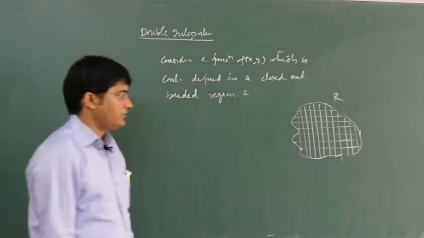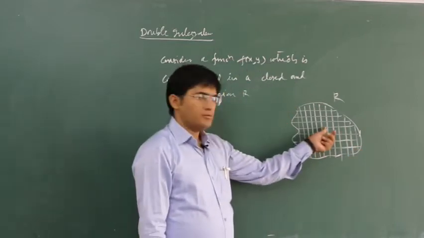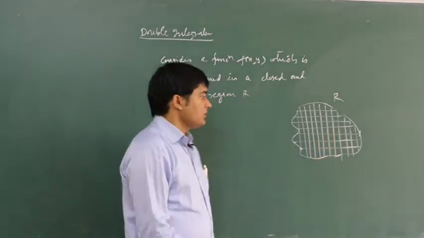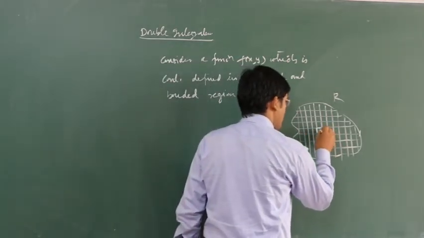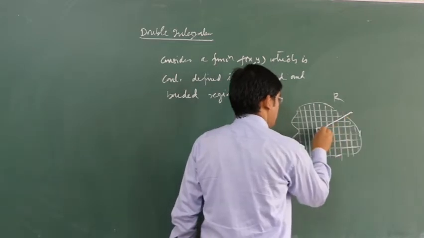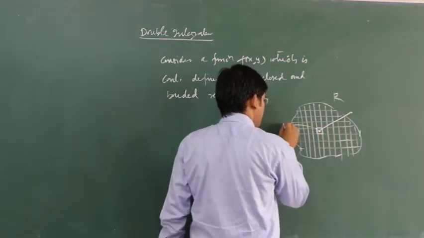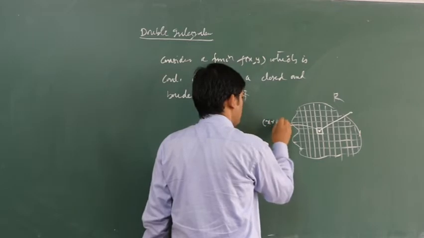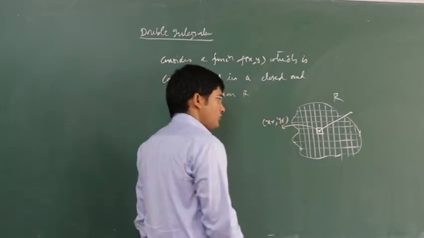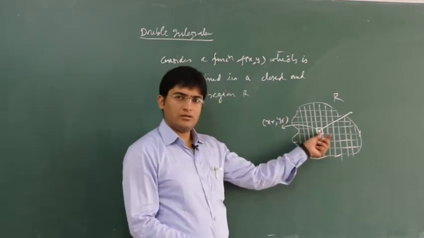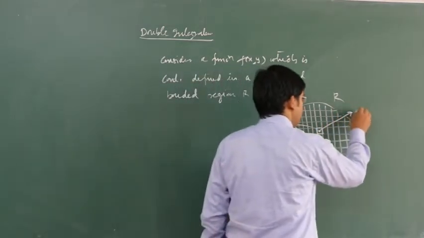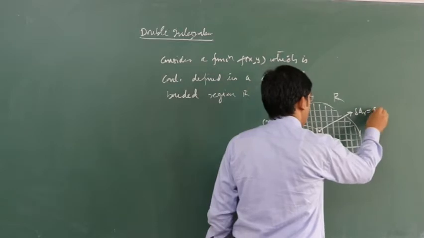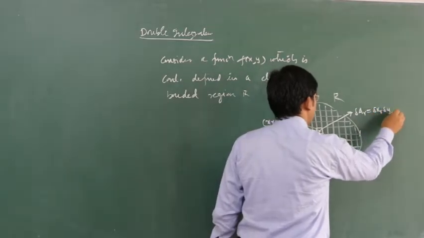Suppose this is your rth rectangle, and the point in this rectangle is (xr, yr). The area of this rectangle is delta AR, which is delta XR into delta YR.